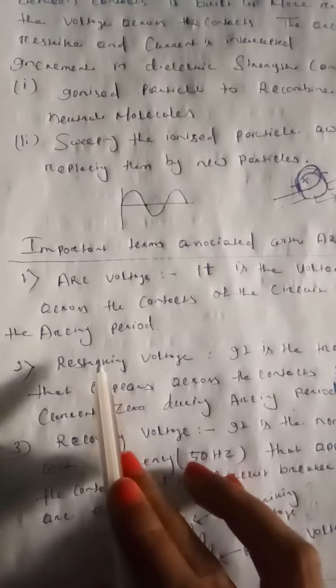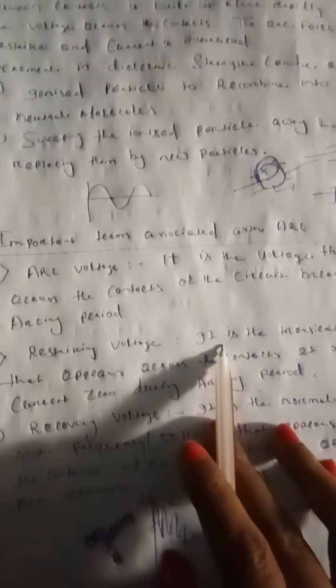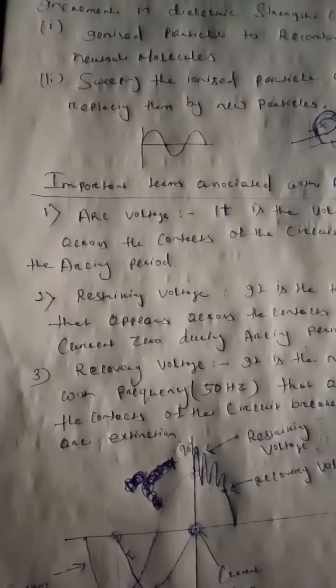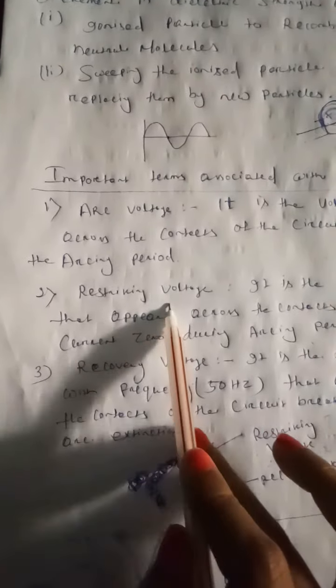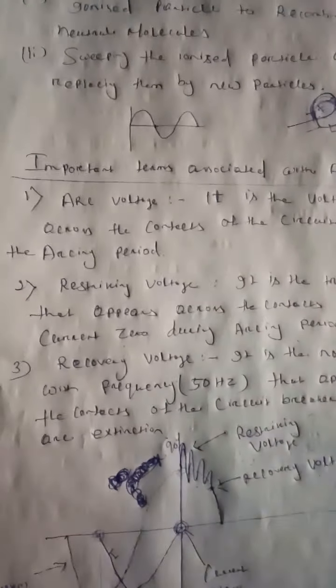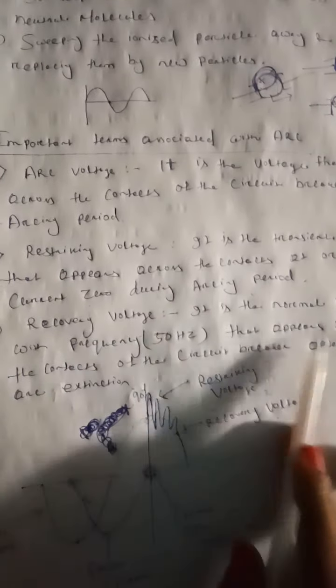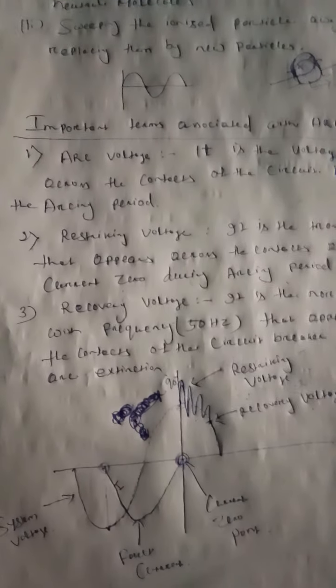Then restriking voltage. Restriking voltage is the transient voltage. Restriking voltage is totally responsible for the arc production. The restriking voltage always wants to continue the arc in our system. The recovery voltage is the normal voltage when the fault is already cleared.